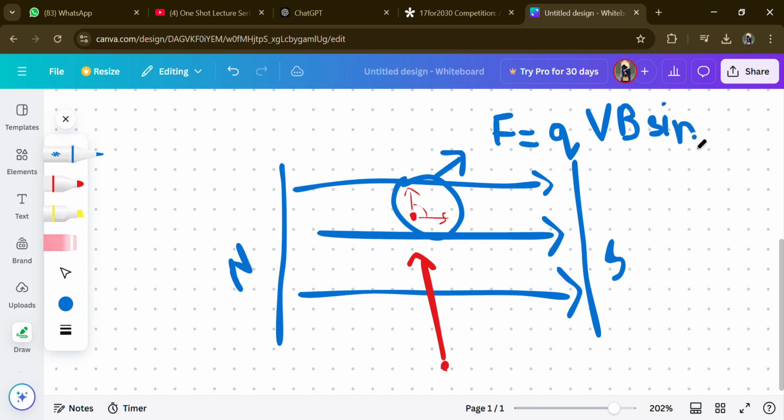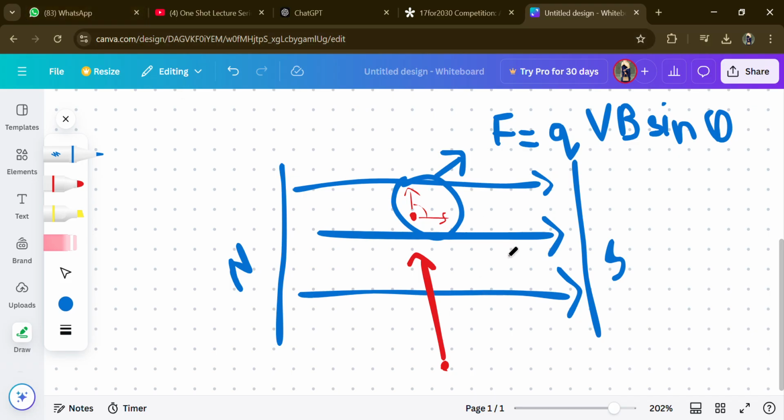Now when does sine theta come? My question to you: does sine theta come with a cross product or a dot product? Why? Well, let's move back to the topic we were discussing.